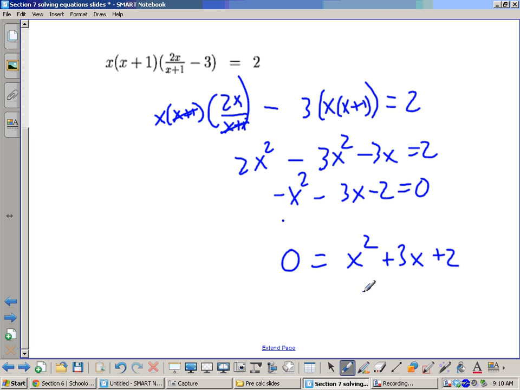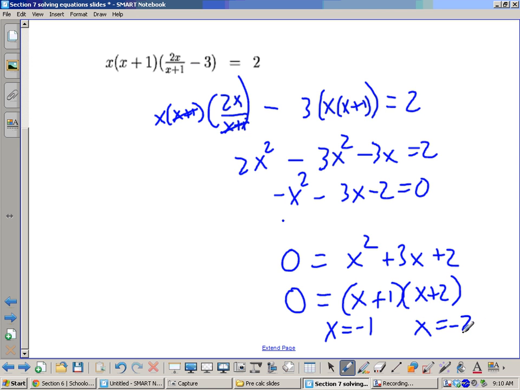Now I can see that I can factor this into x plus 1 and x plus 2. Okay, so I just added these over to there and made this left side 0. So we get two answers, x equals -1 and x equals -2.